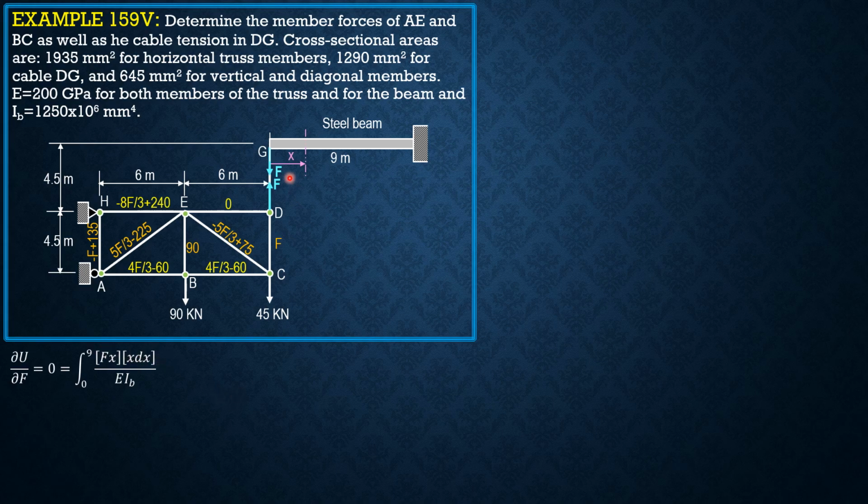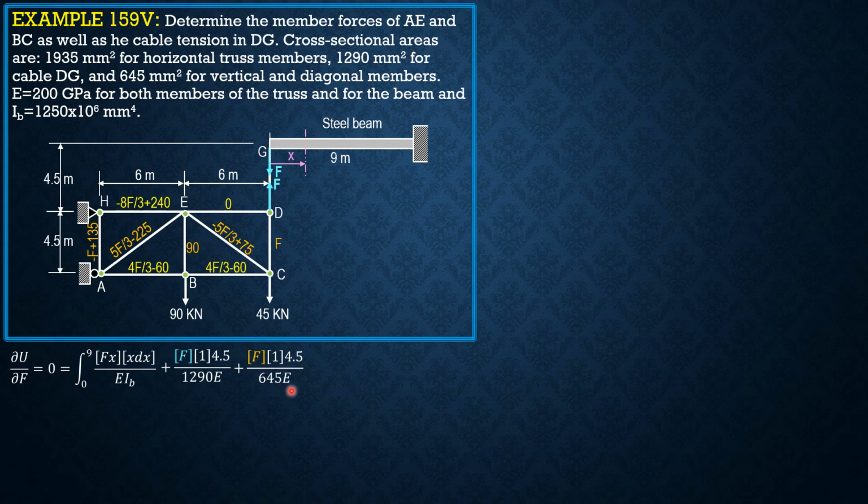It's positive. So plus F times partial derivative of F is 1, length of DG is 4.5, area of DG is 1290, this one. Then plus the pink one, F times partial derivative 1, the length is also 4.5. Then the area for vertical and diagonal members, that's why I color them with orange, is 645.